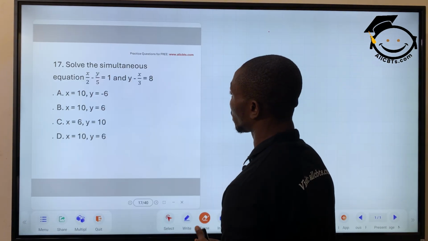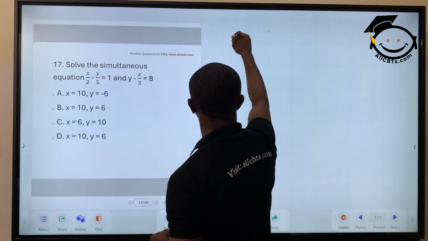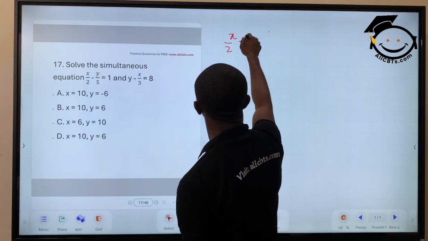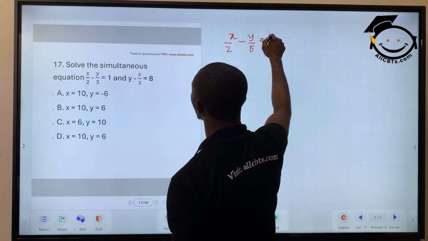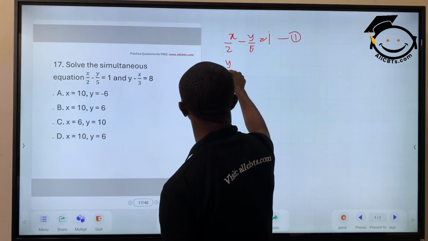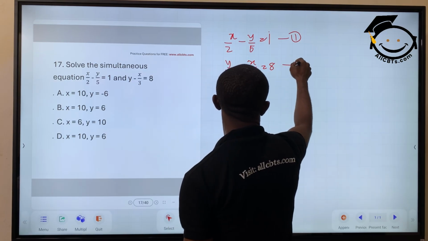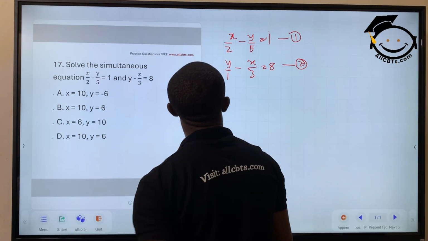And next question says solve the simultaneous equation. We have x over 2 minus y over 5 equals 1. That's equation 1. And we have y over 1 minus x over 3 equals 8. Equation 2. All right.